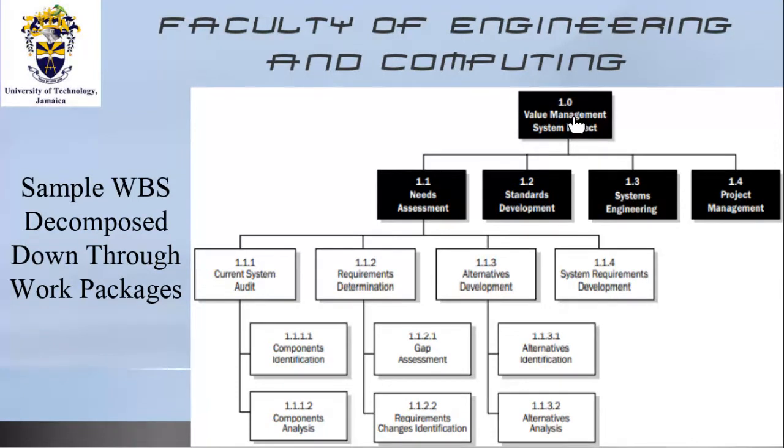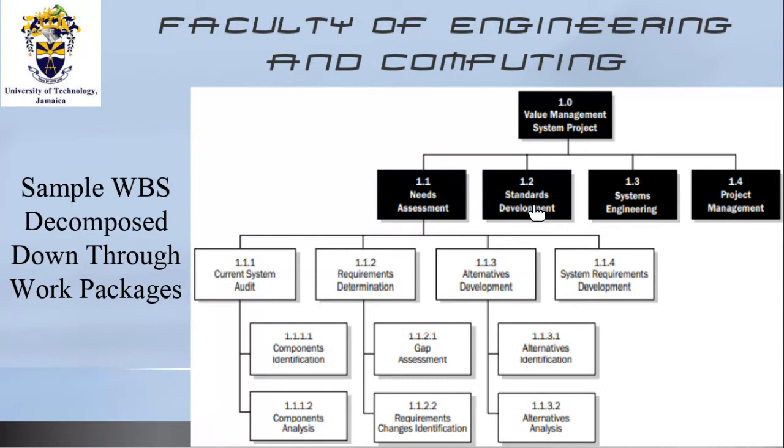The project is decomposed into 4 deliverables. The first deliverable is the conduct of a needs assessment. The second is standards development. The third is systems engineering, and the 4th is project management.